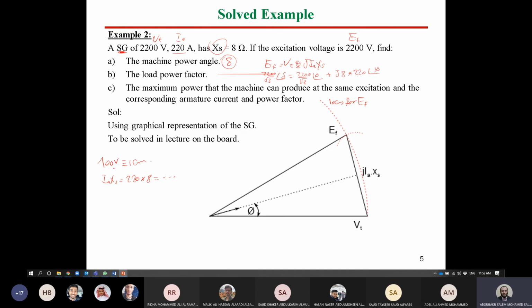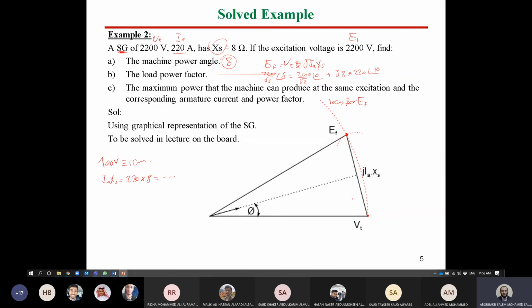Use the same scale and start drawing the locus for this vector, which should start from V terminal and will intersect with the locus of EF. So you will find this point is the point of intersection, and in this case this will be the vector of EF, and this will be the vector of jIAXS.